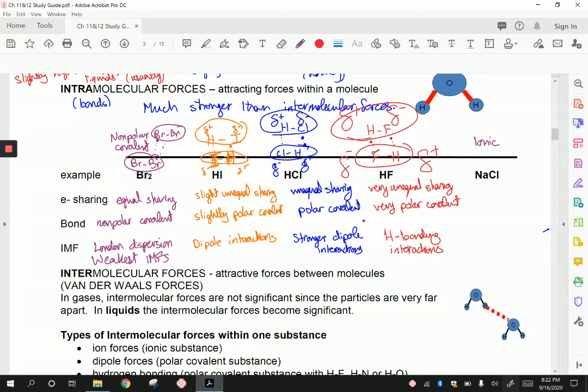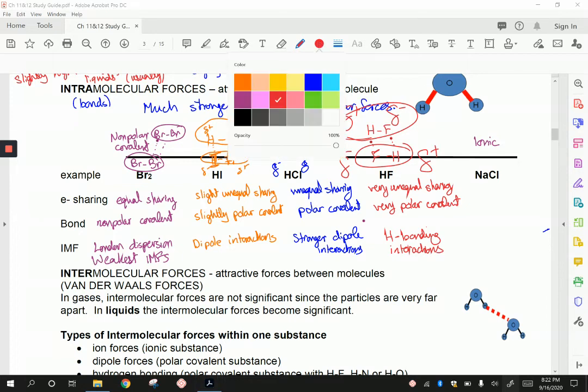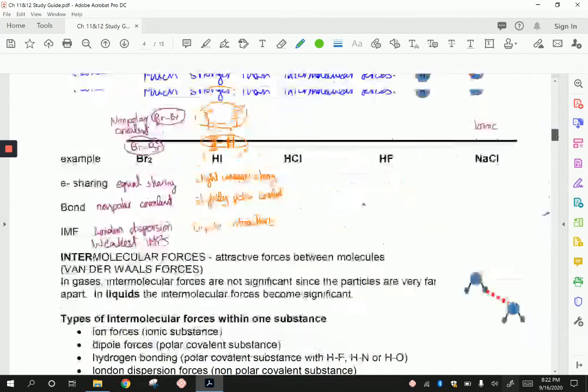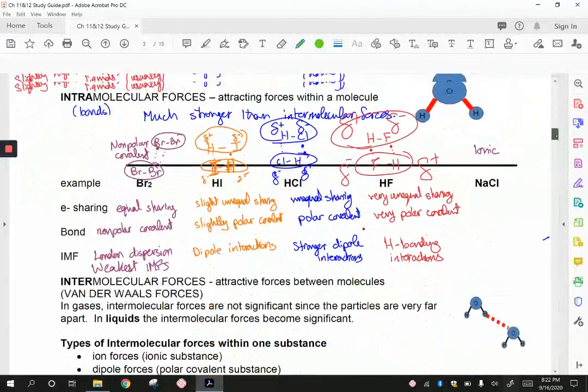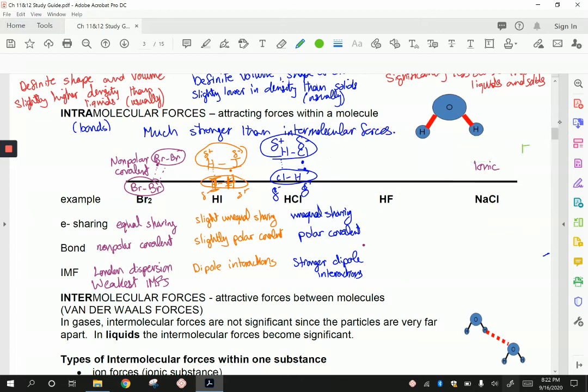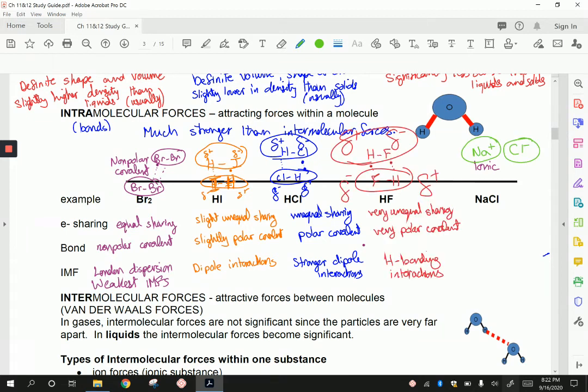And then we have ionic. And so, oops, sorry about that. So we have an Na plus and a Cl minus, right? These are full positives and negatives, not partial anymore, but full positive and negative, which means that I have extreme unequal sharing of electrons, that it's no longer sharing, it is giving and taking away electrons.